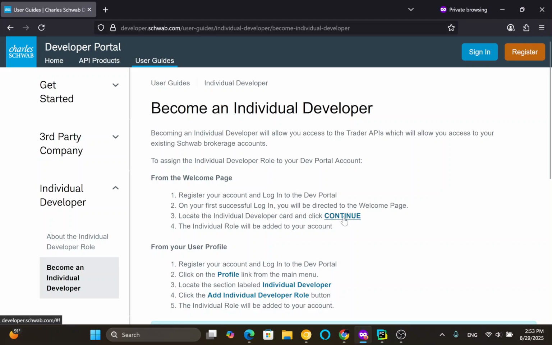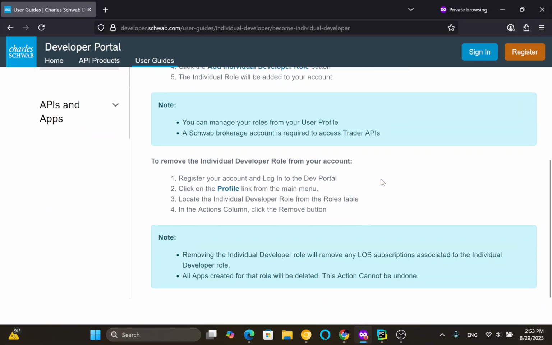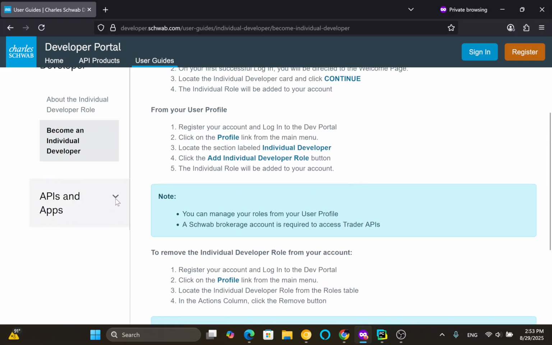In the next video, we will go through the registration. We will log into the Dev Portal. On the welcome page, we will go through registration, add our role, account, and we will get more data on API and endpoints.